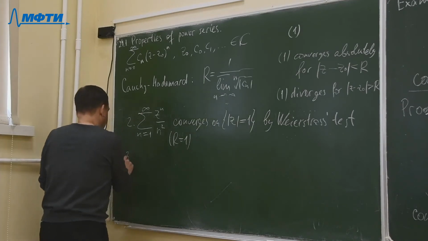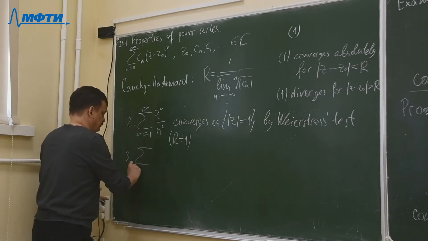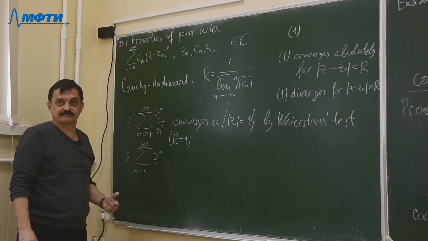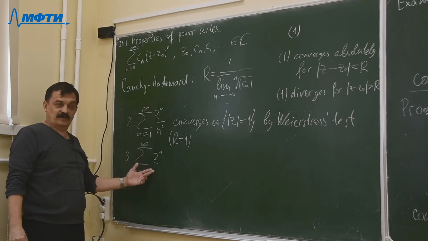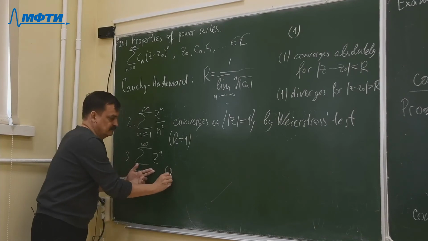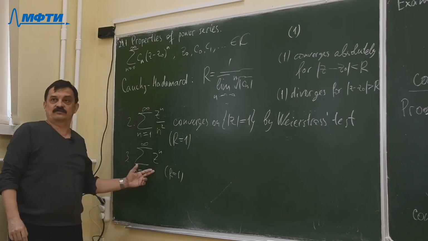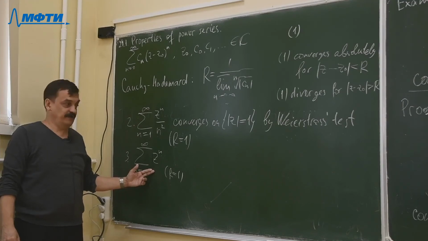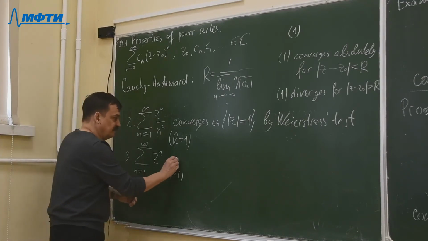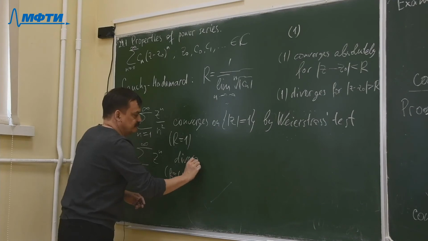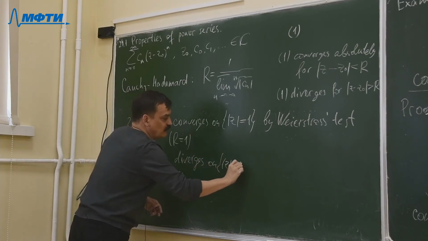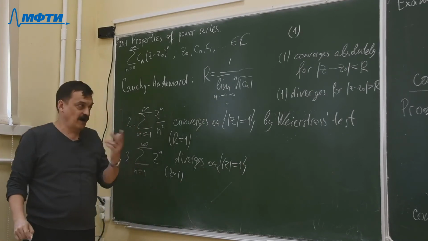And another example, once again, a slight modification. Again, the radius is 1. The sum of z to the power n. Radius is 1. But now there is divergence on the whole circle of convergence. Why?